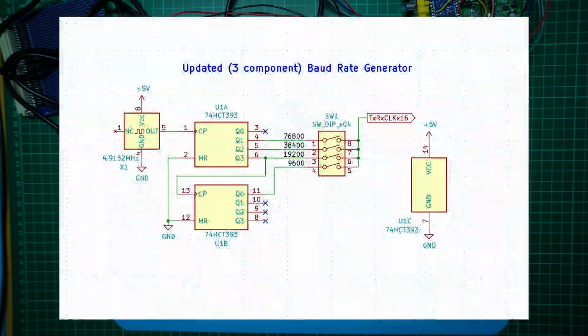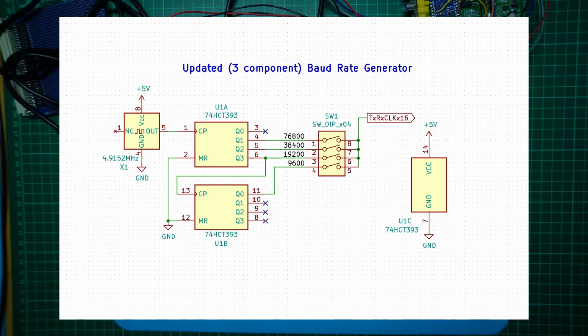By wiring the 74HCT393 dual 4-bit ripple counter into a single 8-bit counter, that gives us 8 possible outputs to select from, ranging from a divide by 2 through to a divide by 256. So this updated circuit gives us a more compact, 3-component only, retro-friendly baud rate generator for the MC6850 ACIA.